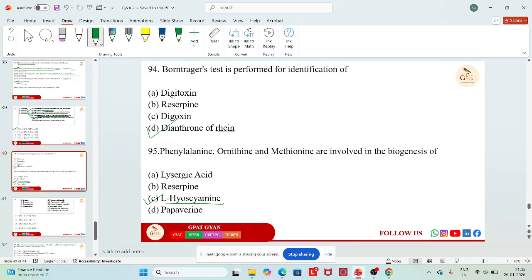From where are they coming? Erythrose 4-phosphate comes from the pentose phosphate pathway. Good. And phosphoenol pyruvate? From glycolysis. In glycolysis, how many ATPs are yielded?